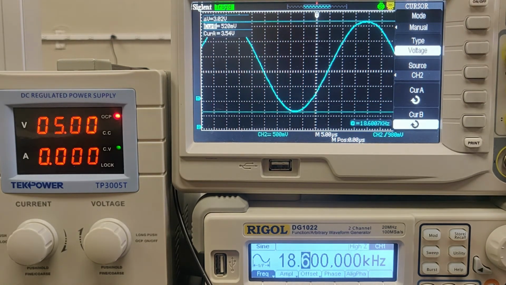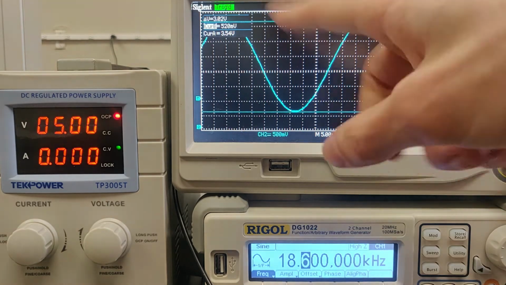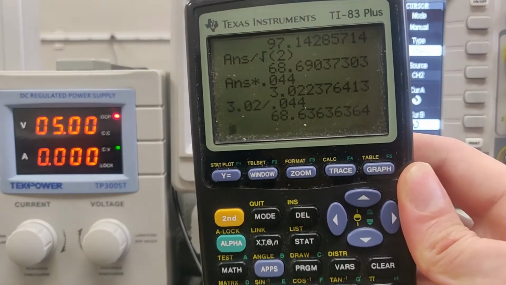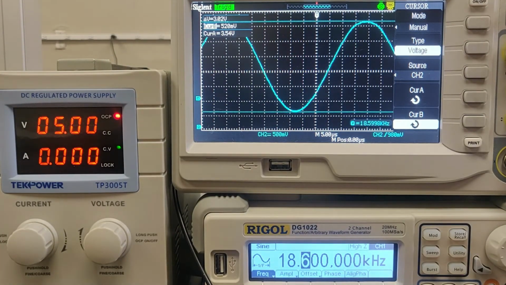So what I'm reading is that our peak-to-peak voltage is 3.02 volts at, I'm sorry, not our peak, our cutoff voltage is at 18.6 kilohertz. So 3.02 divided by 0.044 gets us close to that cutoff frequency that we calculated. So we'll say that our cutoff frequency is 18.6 kilohertz.